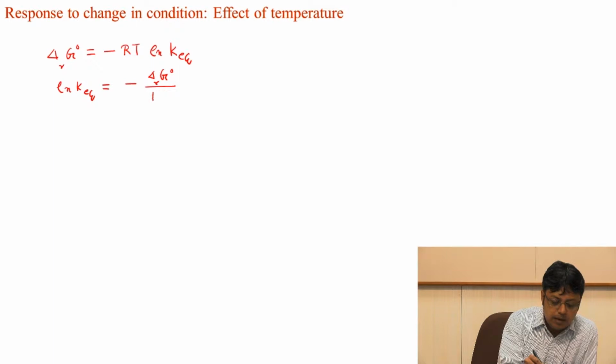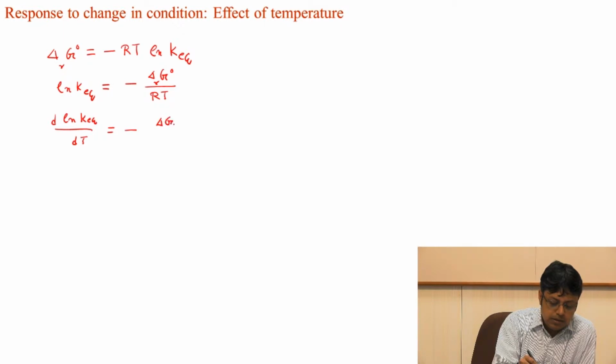Instead of taking the equilibrium constant versus temperature, we can write d ln K equilibrium by dT, which is minus delta G0, with 1 over R taken common, and d/dT of this quantity.